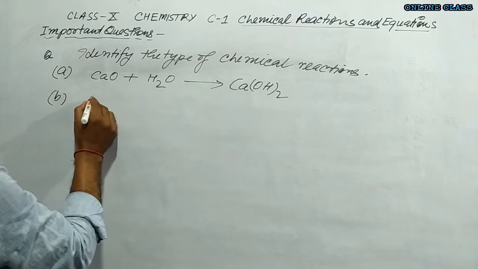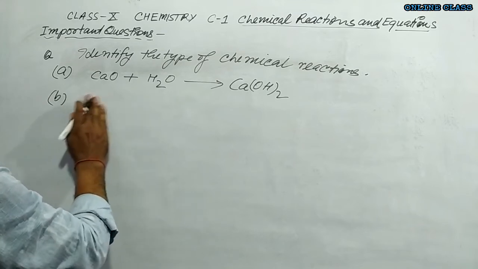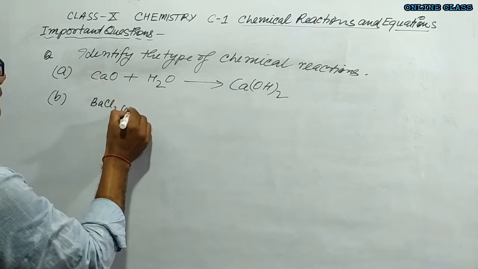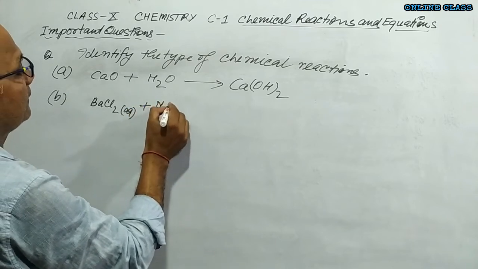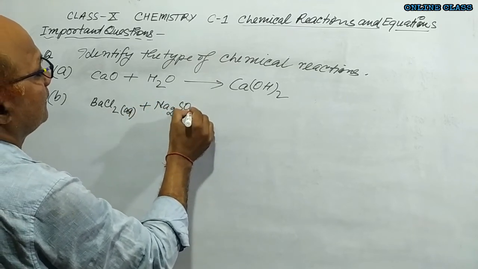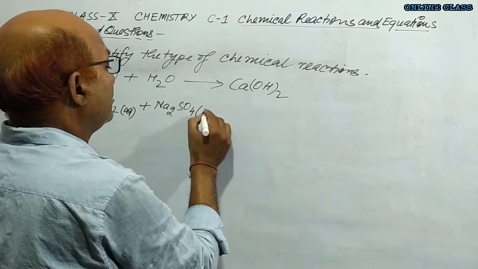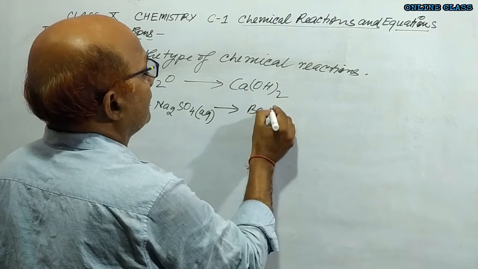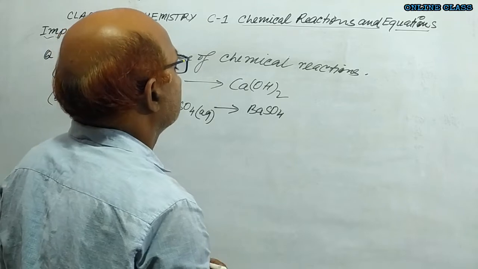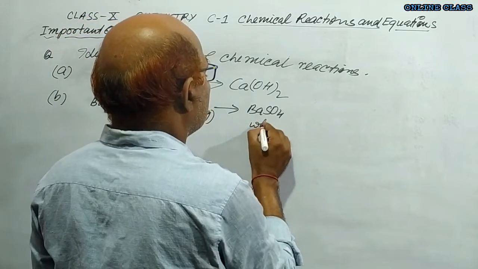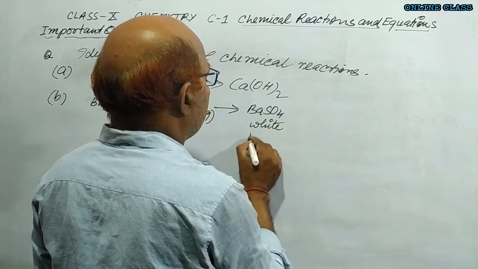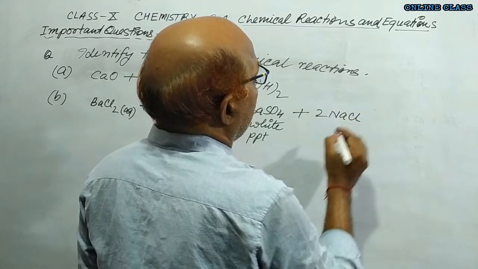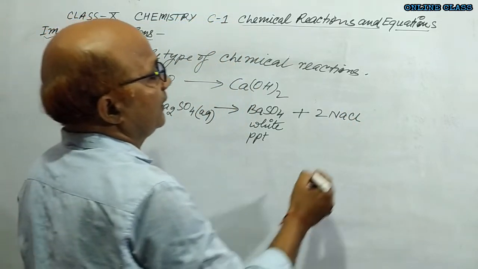Next is BaCl2 aqueous plus sodium sulfate aqueous. It forms BaSO4 white precipitate plus NaCl, sodium chloride aqueous.